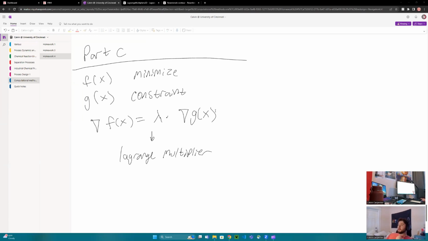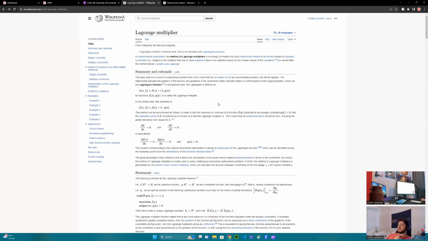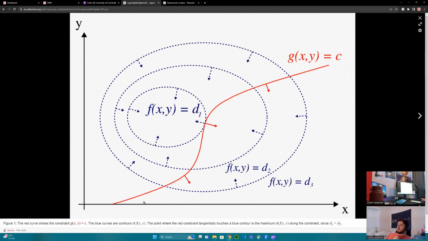Okay, this is just from the Lagrange multipliers Wikipedia. If you look at this picture that they have, it shows our constraint function, g of x, and our function that we're trying to minimize, f of x.